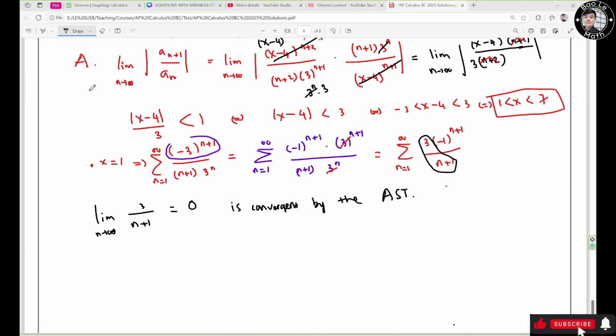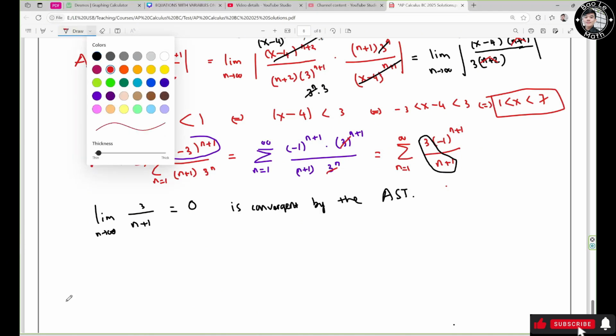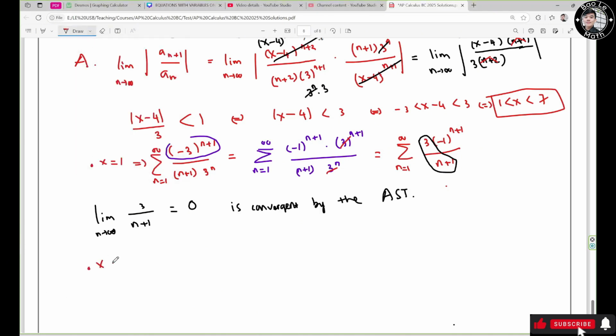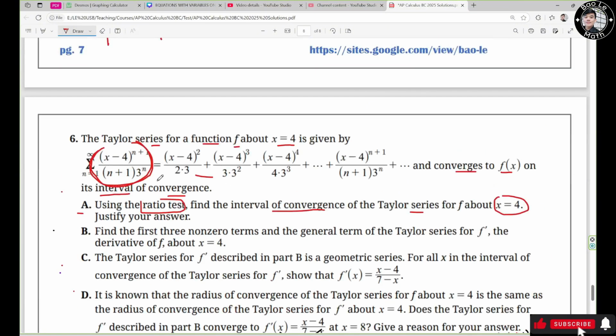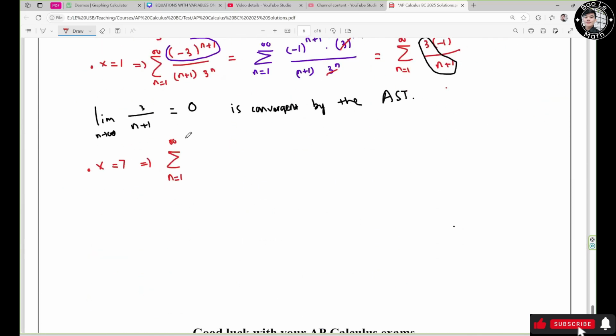Now we're going to check for s equals 7. So we have the summation when n goes from 1 to infinity. 7 subtract 4 is going to be 3, right? So we have 3 raised to the n plus 1 over n plus 1 times 3 raised to the n, right?